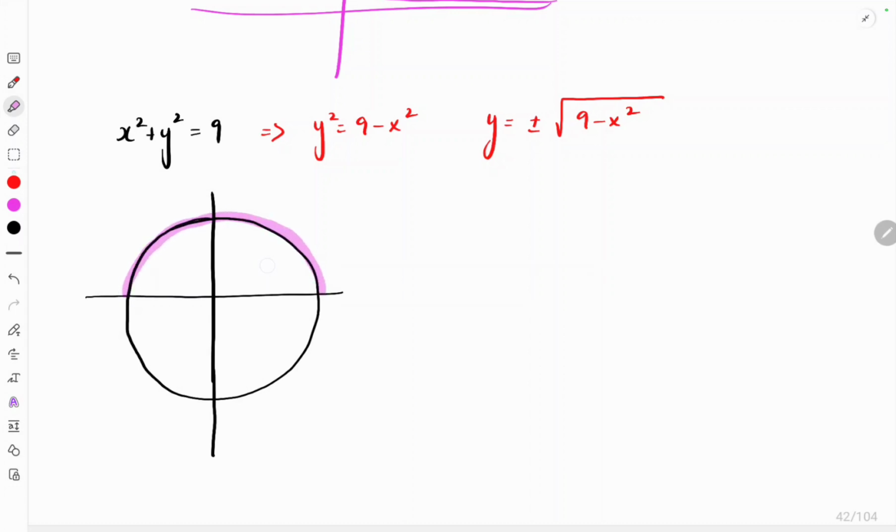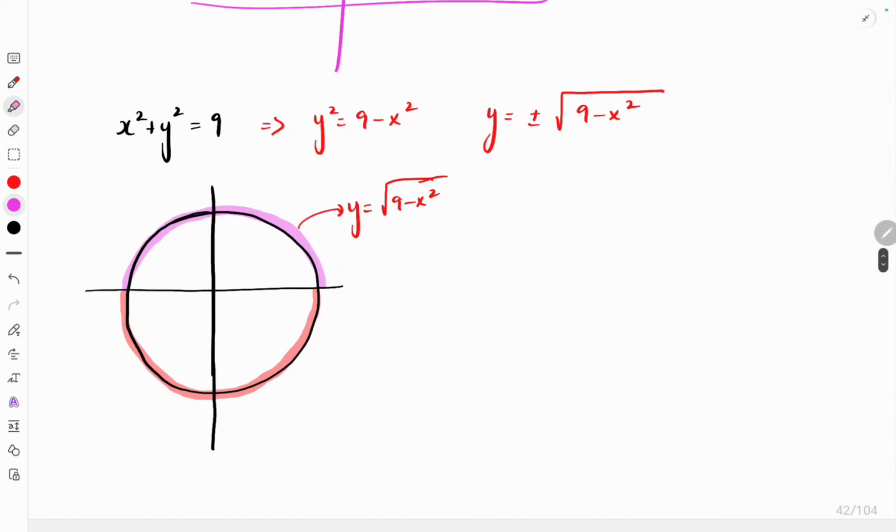Suppose in the question they have given y equal to root of 9 minus x square, then we have to draw just this one, which I have shaded in pink color. If they have given y equal to minus root of 9 minus x square, we have to draw this one.